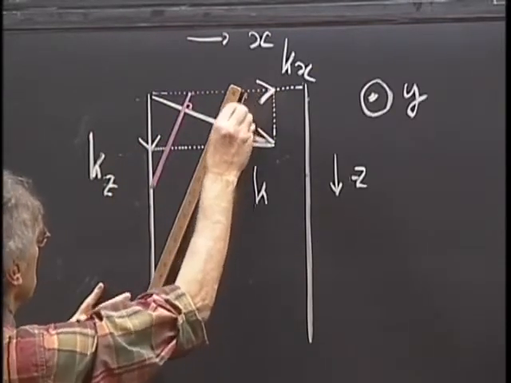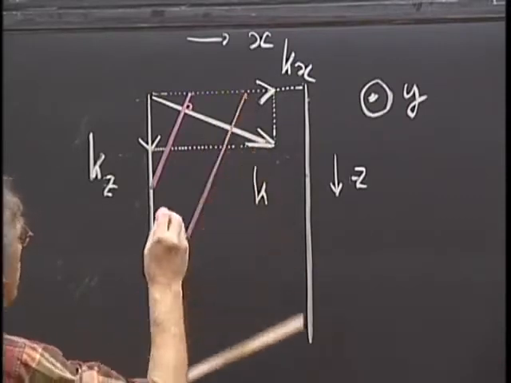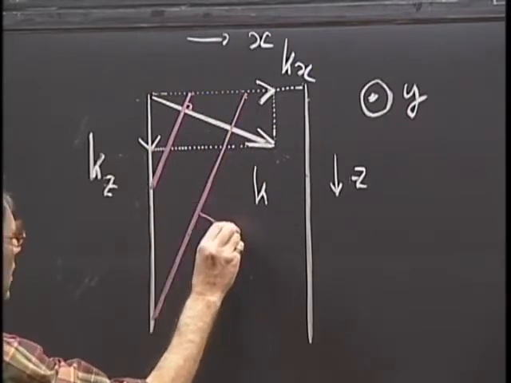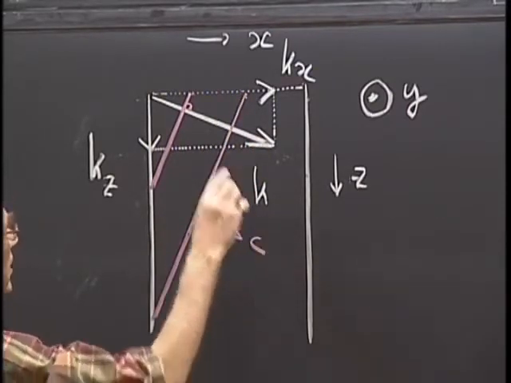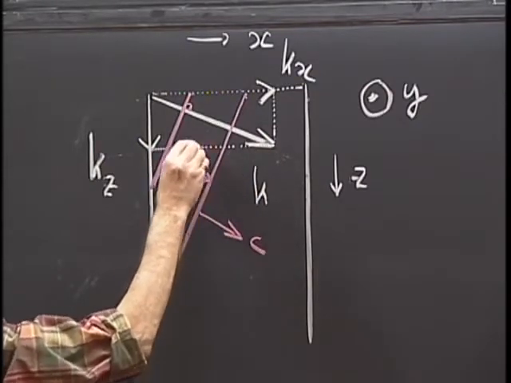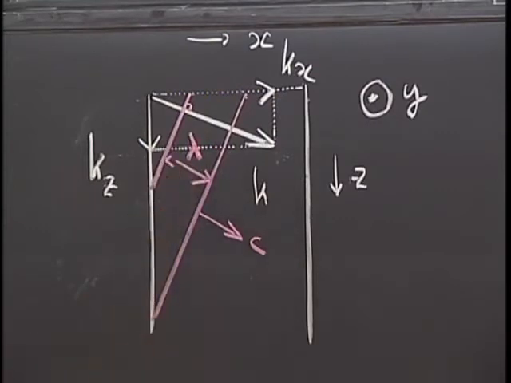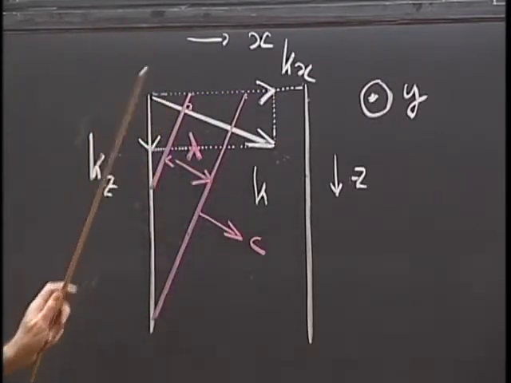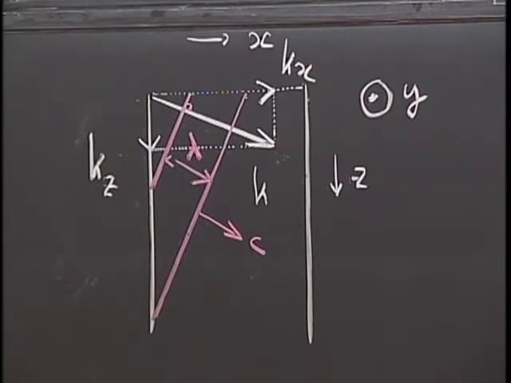And so this is now propagating with speed c in this direction, and the separation between these two crests is lambda. That is my definition of lambda. Think of this surface, which is a surface perpendicular to the blackboard, as having a constant phase of the wave.